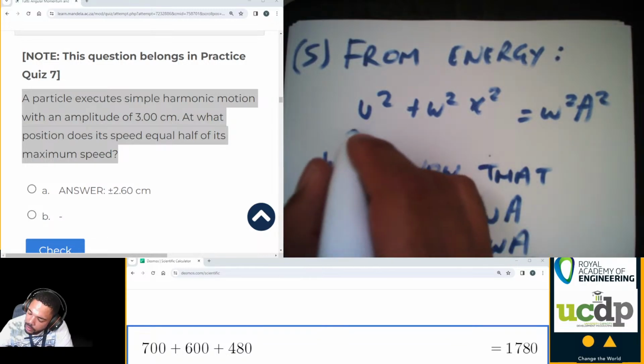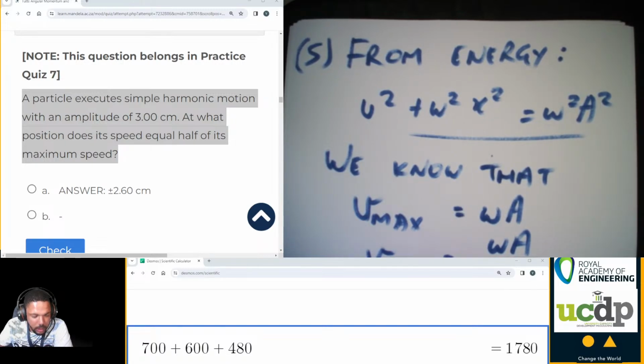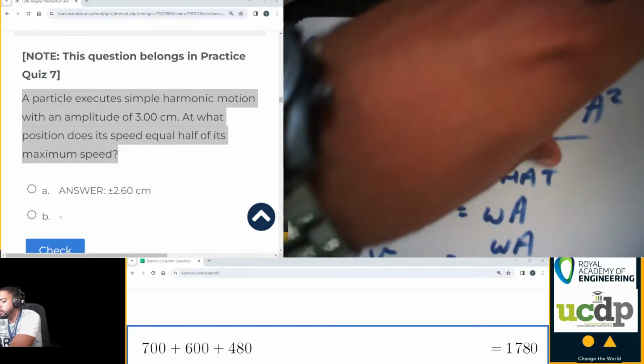Thus, if we rewrite this in terms of V, it's just normal simple algebra at this stage.